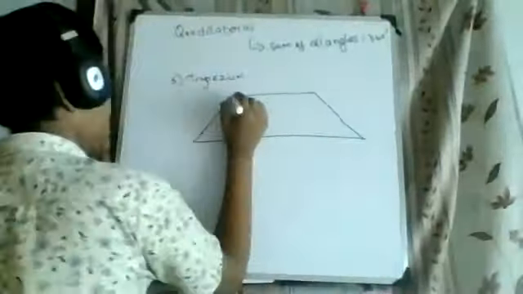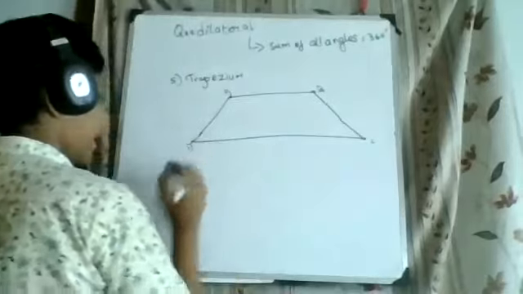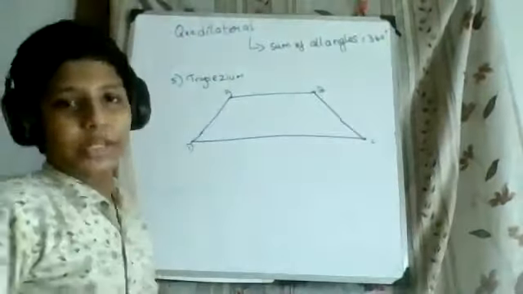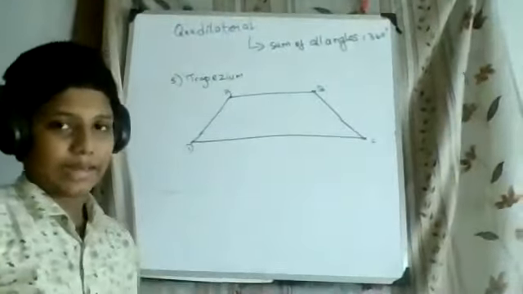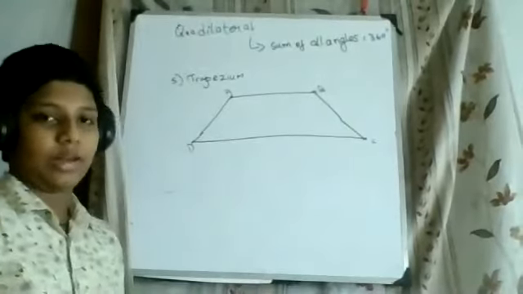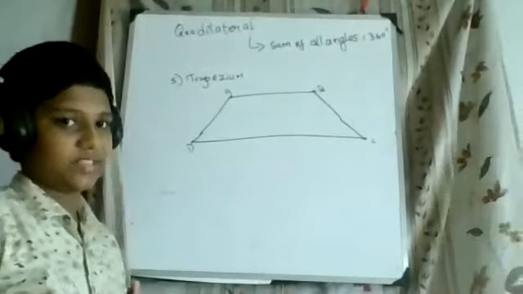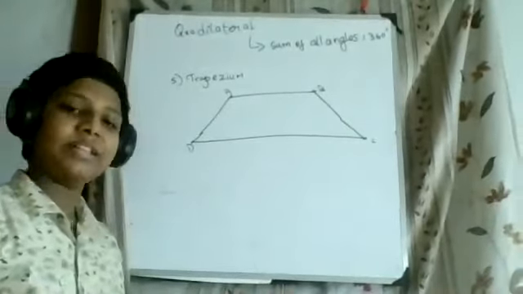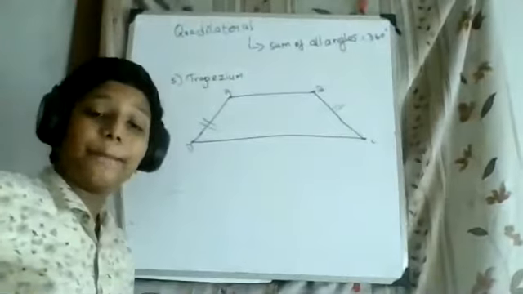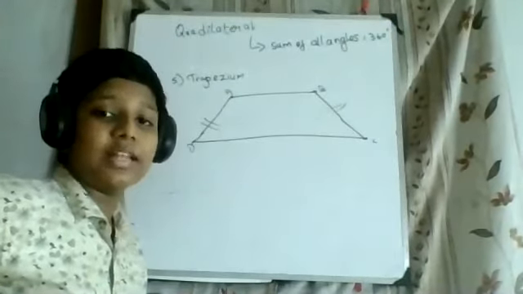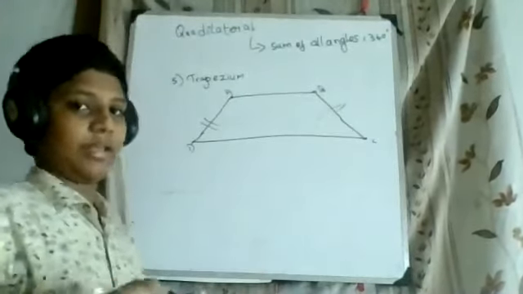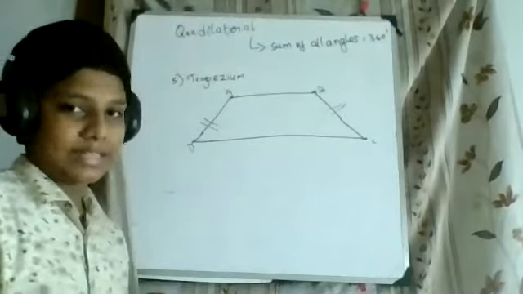We have one pair of parallel sides, not equal. Only one pair of opposite sides is parallel. That is the main property. If the two non-parallel sides are equal in the trapezium, then the trapezium will be known as an isosceles trapezium.